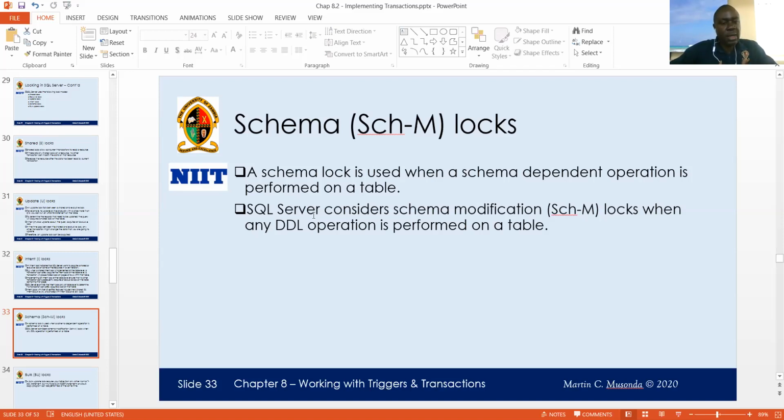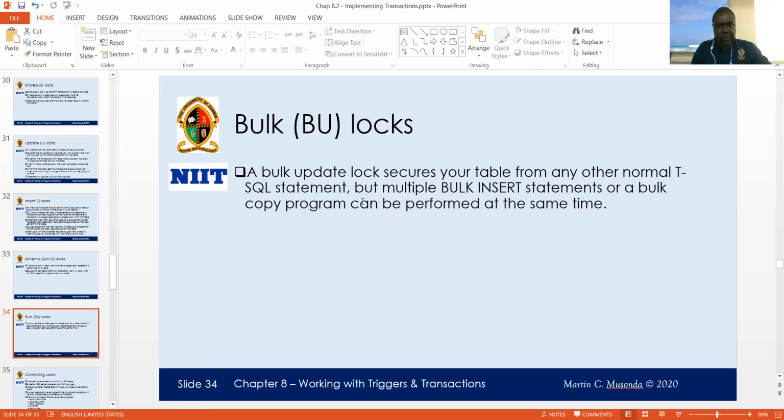But if the processes are data manipulation language statements, operations, then it will not consider the schema locks. The last type of locks is called bulk update locks.